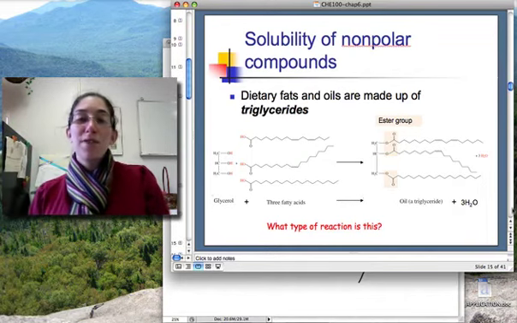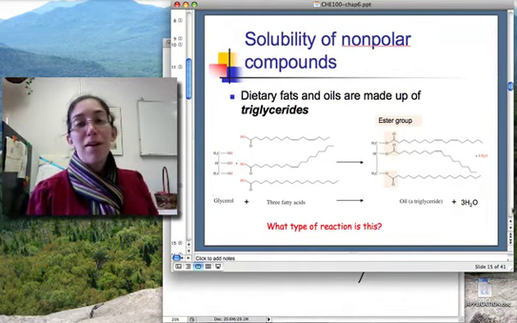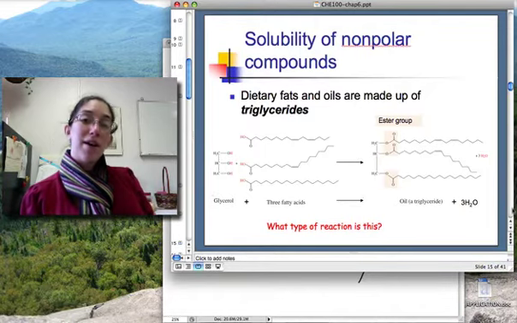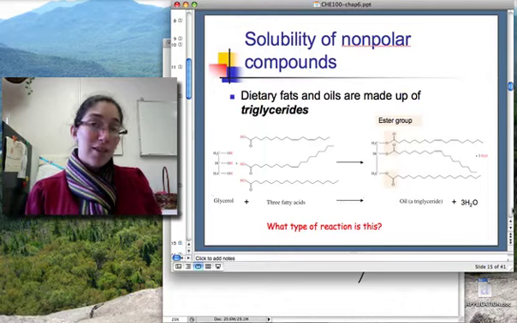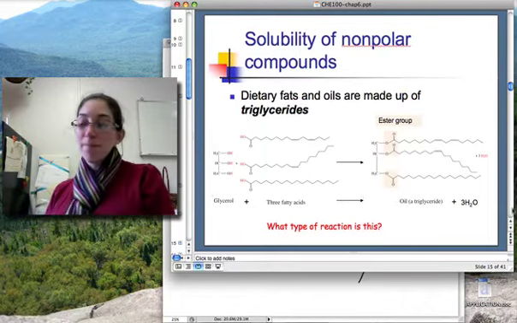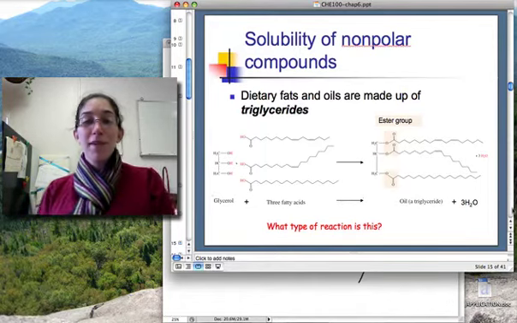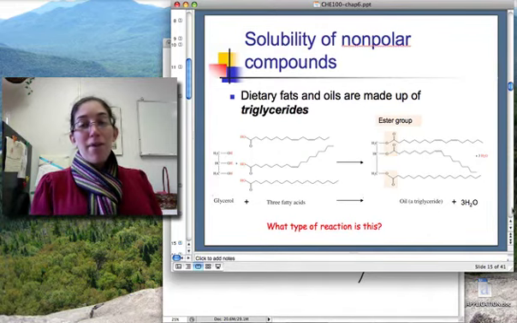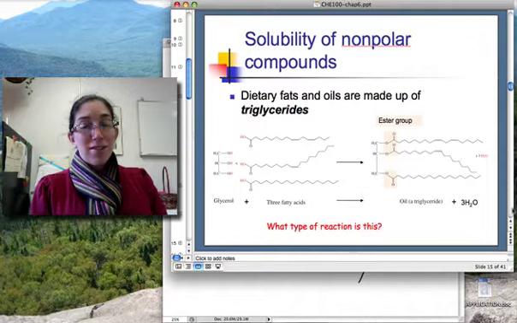So let's first talk about solubility of nonpolar compounds. A nonpolar compound that's biologically relevant and that we've already discussed are fats, lipids, dietary fats. Dietary fats are made up of triglycerides.